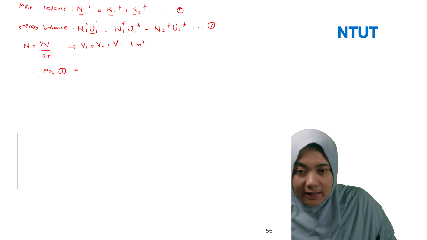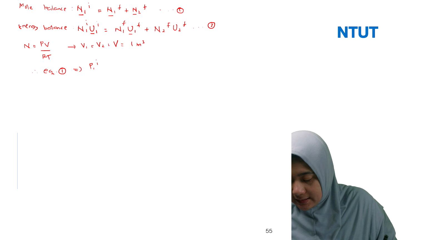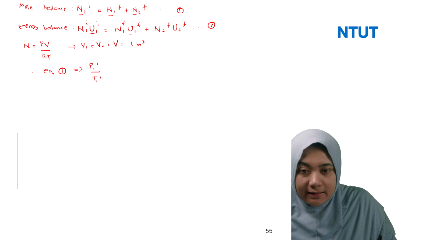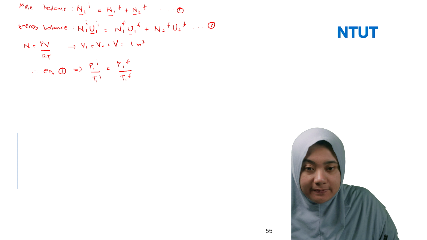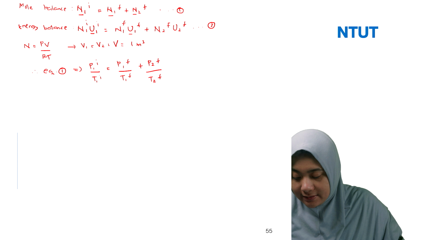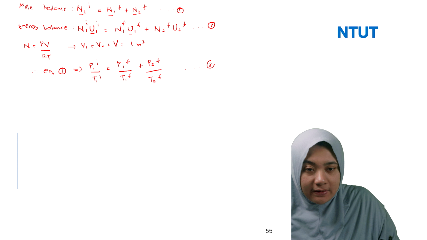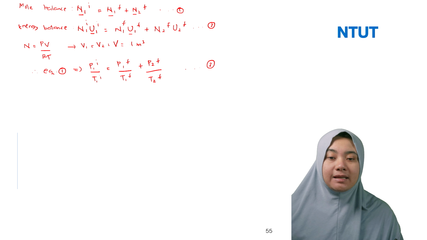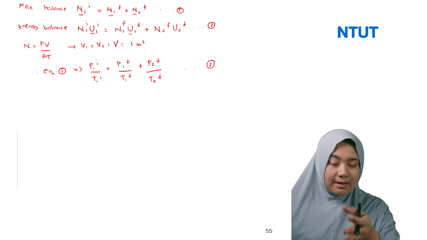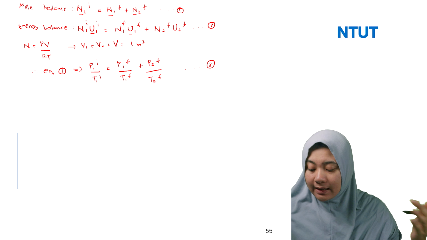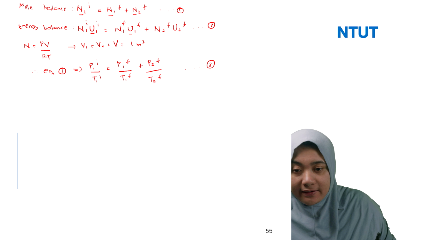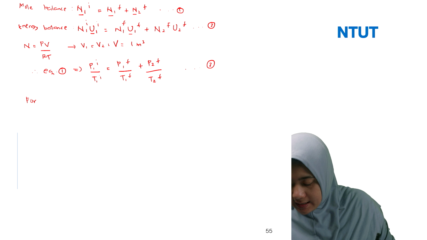It becomes P1 initial divided by T1 initial equal to P1 final divided by T1 final plus P2 final divided by T2 final. So this one we can write as equation 3. Why? Because we transfer from the initial one to the second one until the pressure is equalized.